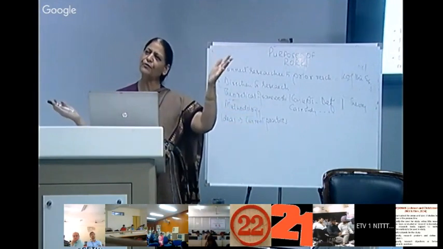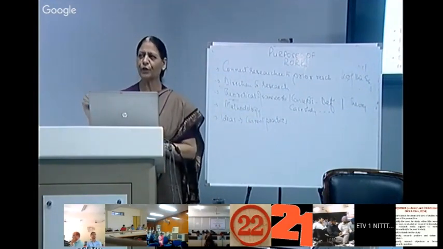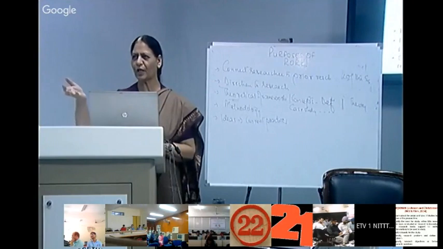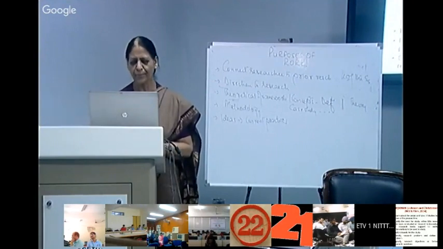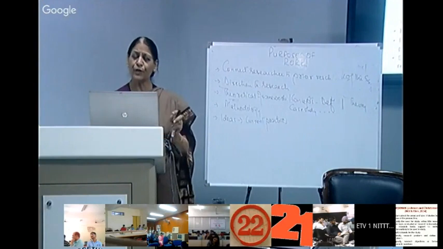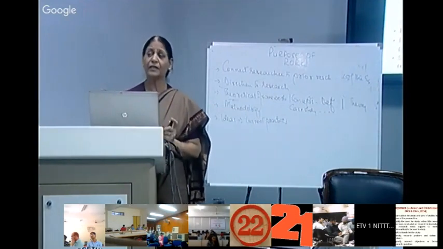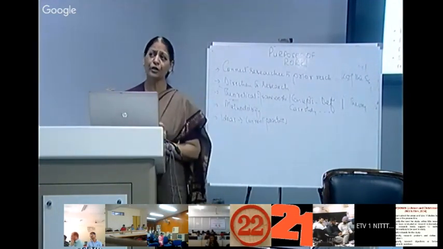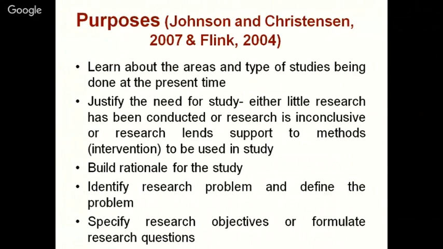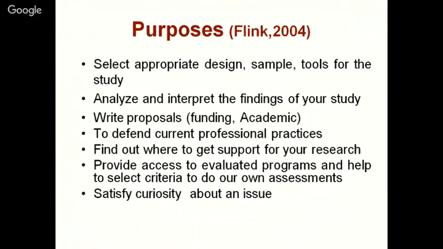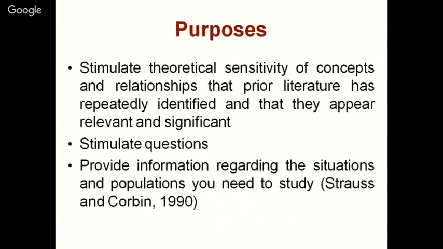But if all the previous researches come to the conclusion, maybe there is no need to take up further research in that area, then it also helps you in building the need or justification for taking up the study, and it helps you in refining your problem statement, changing, modifying your variables, and it helps you in specifying the objectives and formulating the questions. And here, it also helps you in interpretation of results and writing proposals and so on.